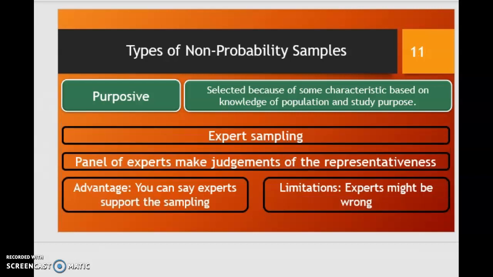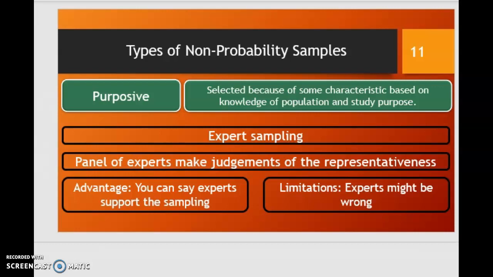Another type of sampling is expert sampling, where we could focus on recruiting people that are knowledgeable about a particular subject area that we're looking at.